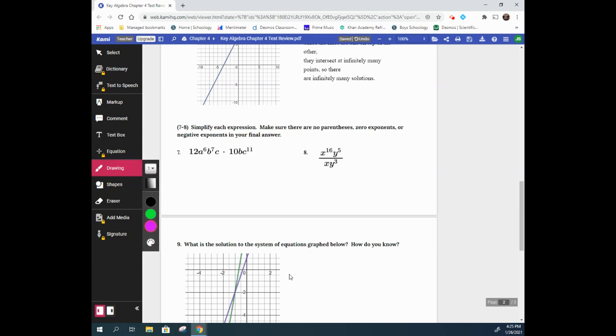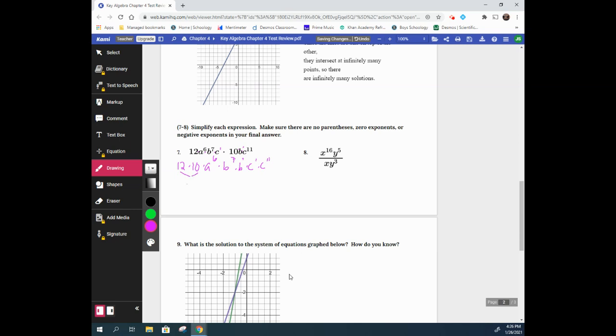It's like I have 12 times a to the 6th times b to the 7th times c to the first, and then times 10 times b to the first times c to the 11th. If you wanted to, you could rewrite it as 12 times 10 and then group the like bases together: a to the 6th, b to the 7th times b to the first, and c to the first times c to the 11th. You don't really have to rewrite it that way, but that's really what is happening.